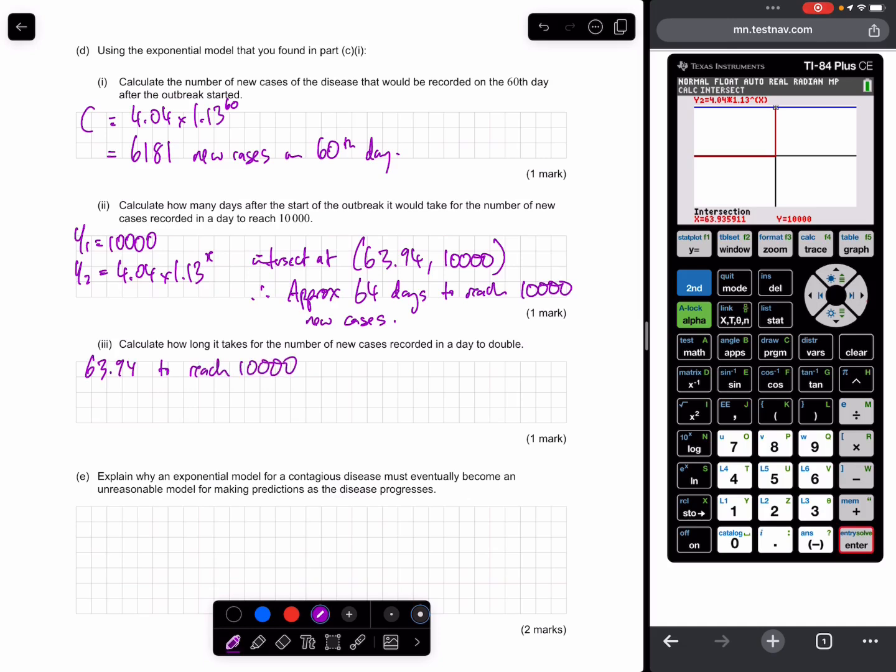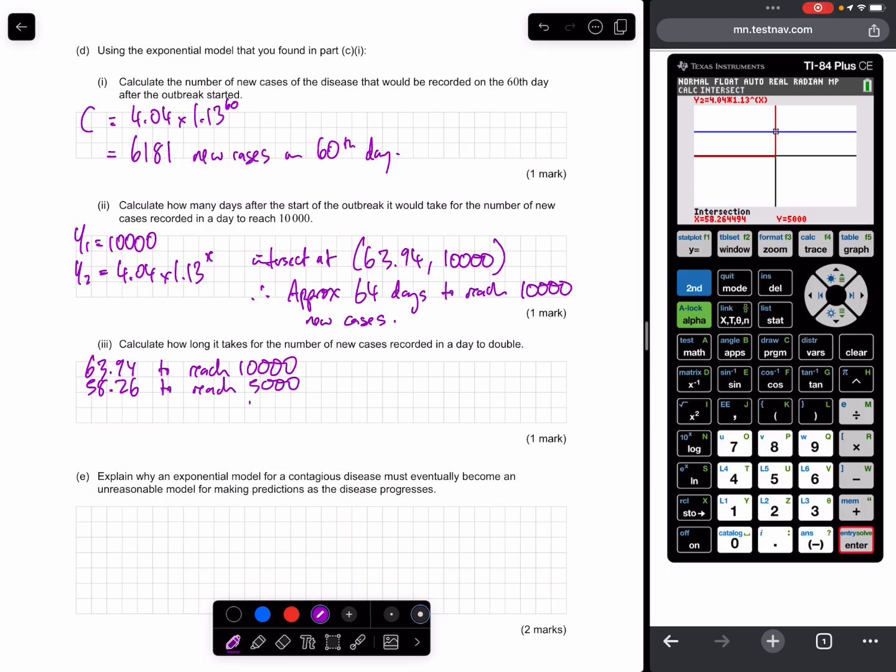I'm going to do 5,000 here, because that's half. Second trace, intersect. 58.26 to reach 5,000.